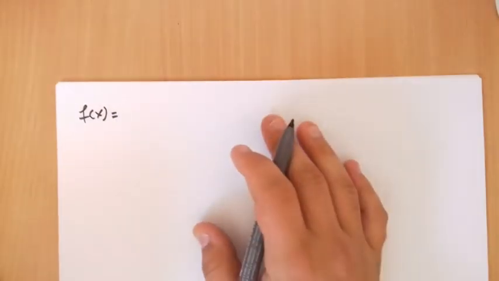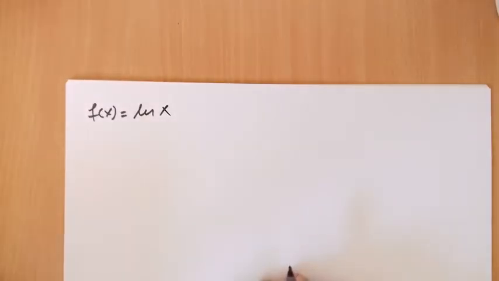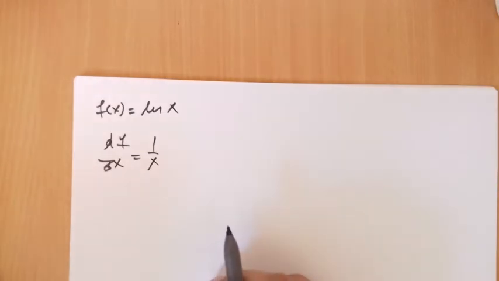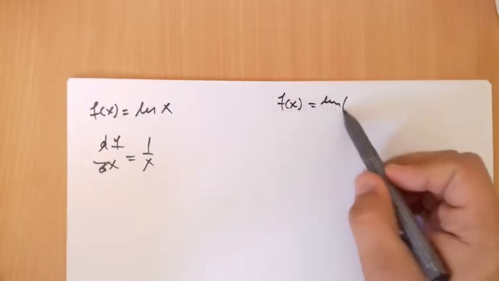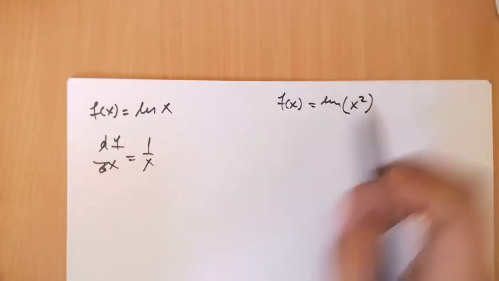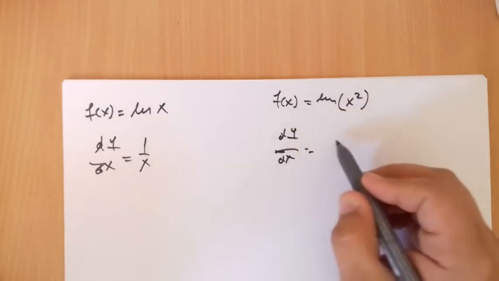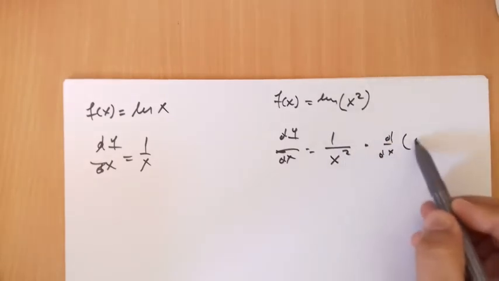For example, if you take f of x equal to ln of x, then df by dx is 1 over x. But when you take f of x equal to ln of, for example, x squared, then df by dx now is 1 over this x squared times d by dx of this x squared.